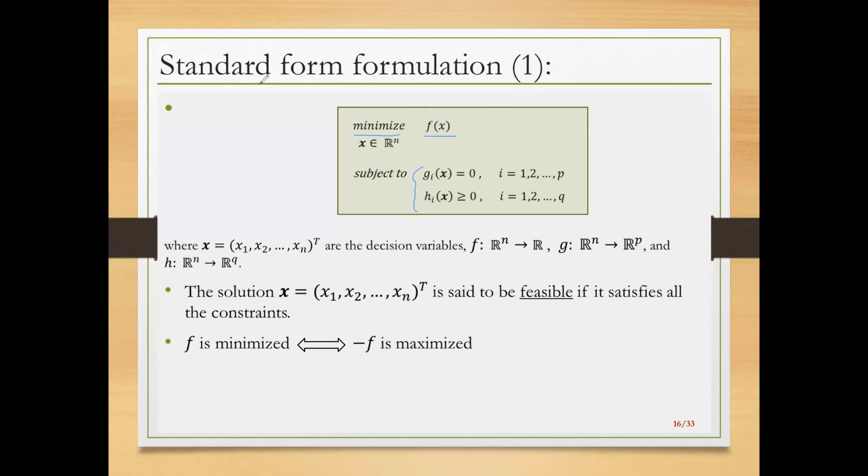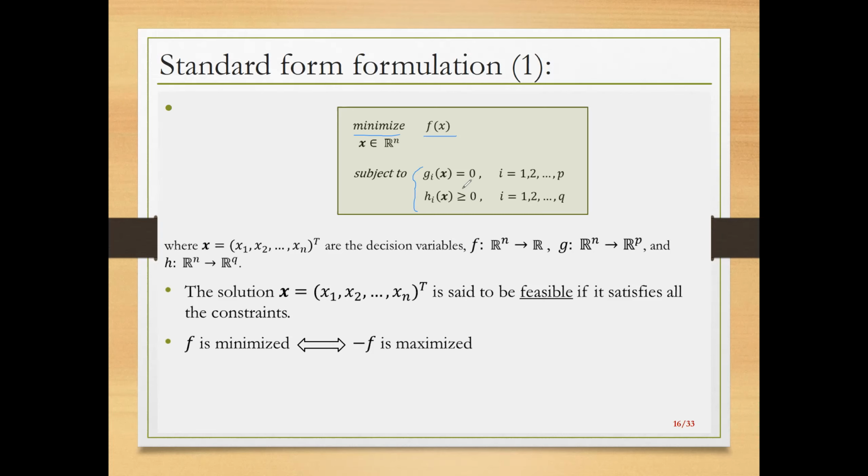The constraints in the standard form would be either equality constraints or greater than or equal to constraints. So keep that in mind. If I ask you what the standard form of an optimization problem is, it would always be minimize some objective function, subject to a bunch of constraints where the constraints should either be equality or greater than or equal to.